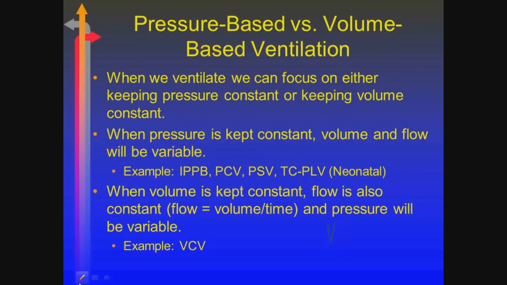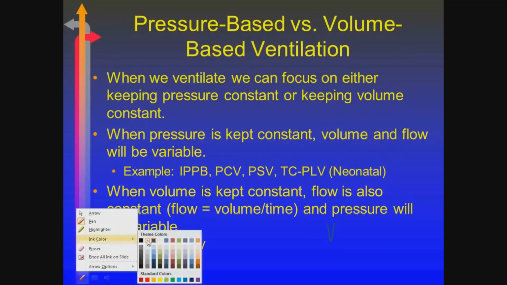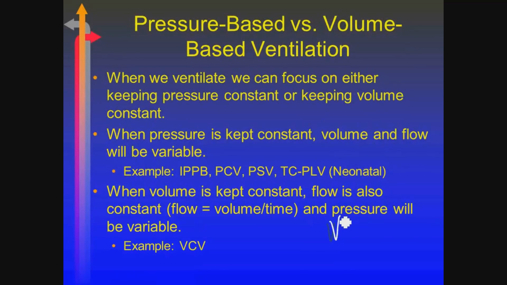How about if I change this to white? Volume, pressure, actually got 4. Flow, and time. Those are variables that we can manipulate. Those are things we can play with. And they're interrelated. Okay.